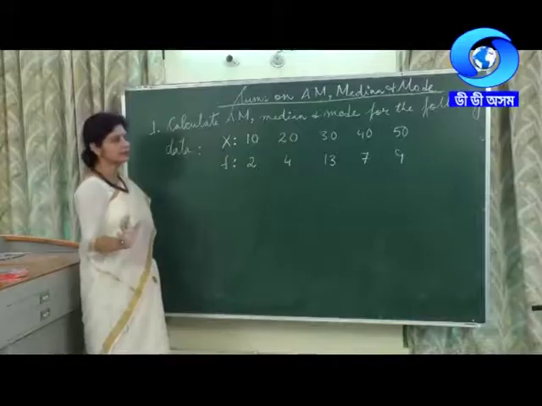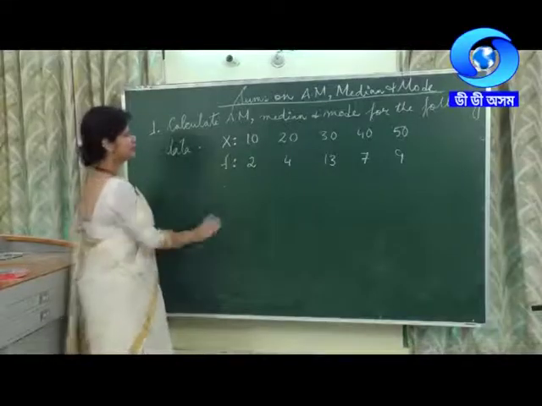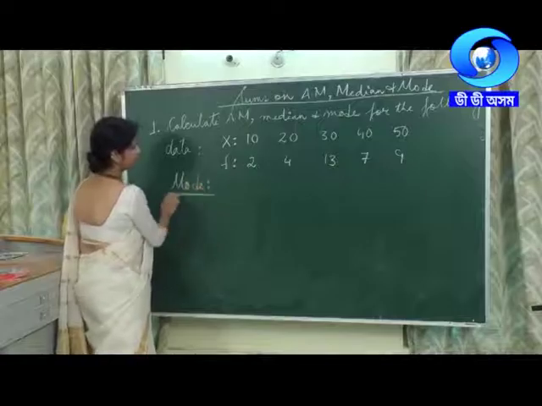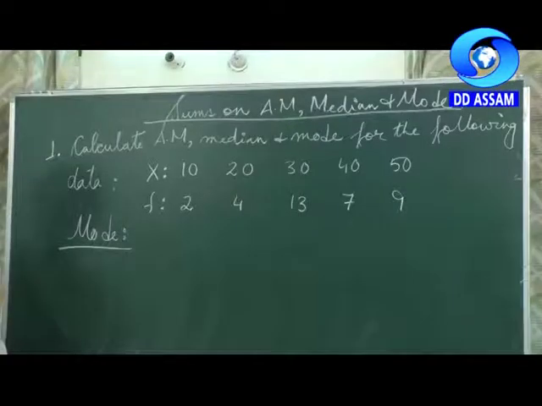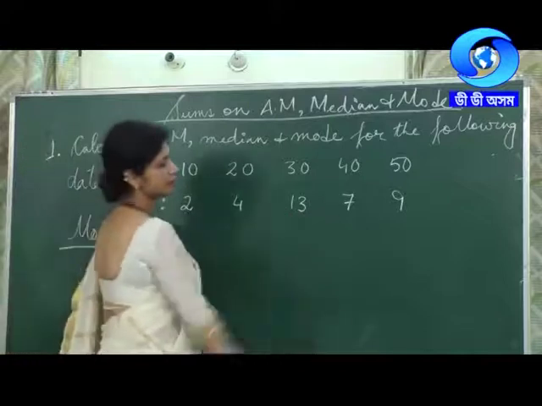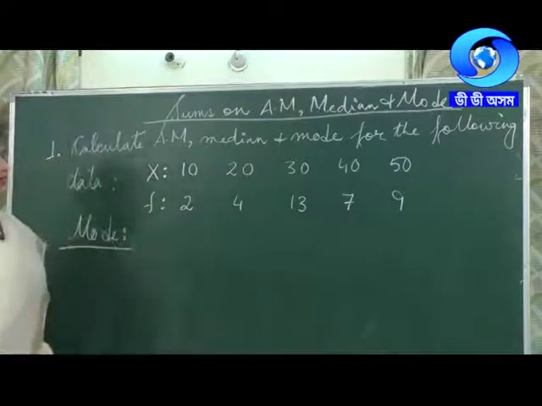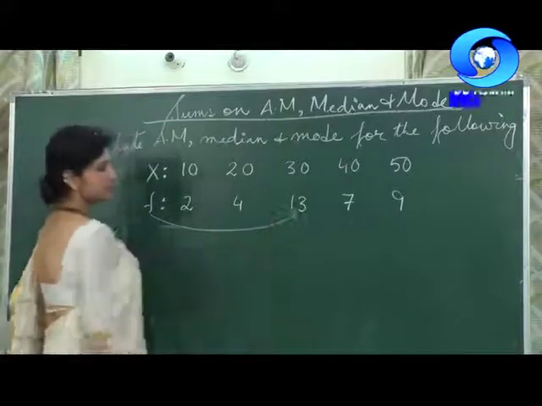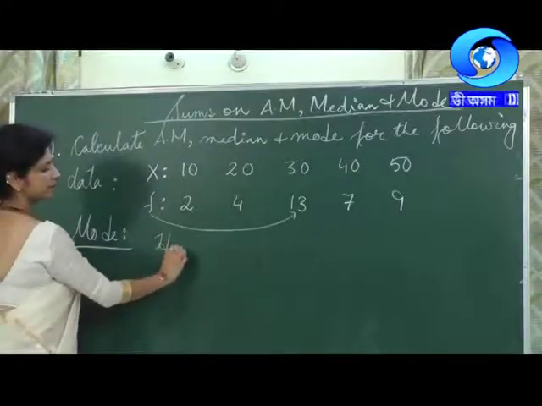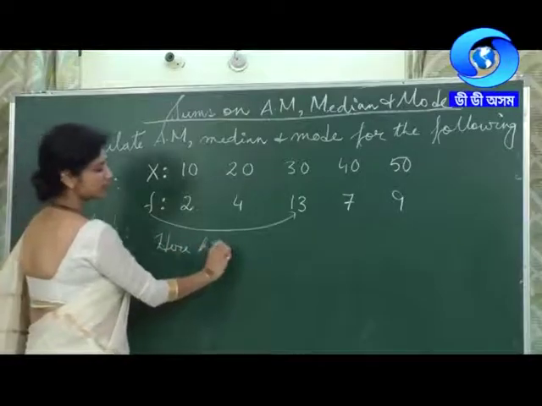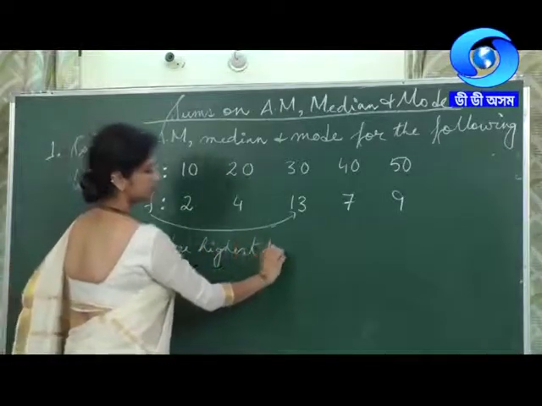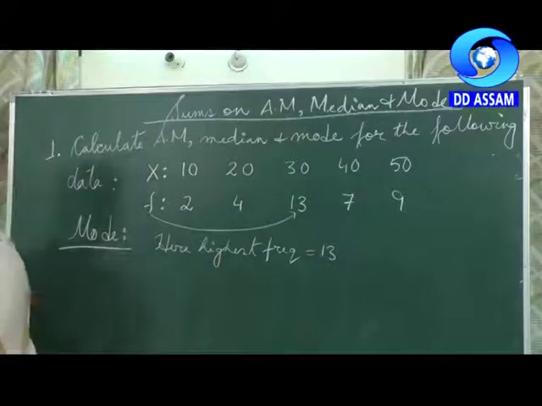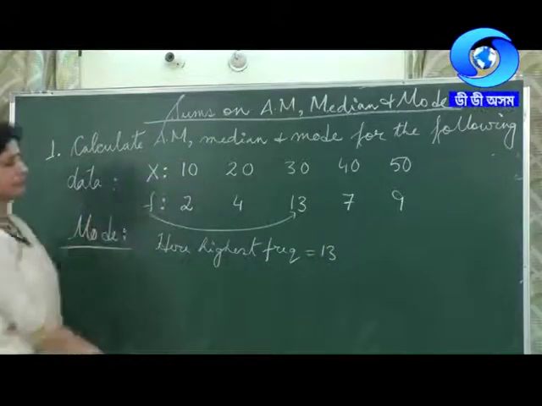Mode will be the easiest, so let us do mode first. While calculating mode, first of all, we have to look into the frequency column. In the frequency column, which is the highest frequency? The highest frequency is 13, corresponding to x equal to 30.